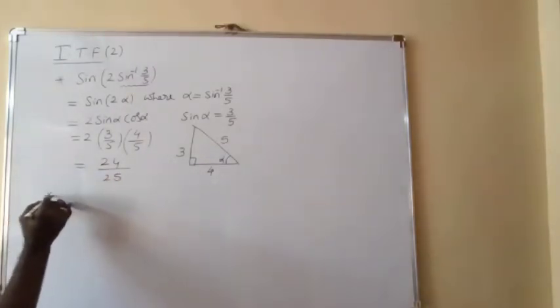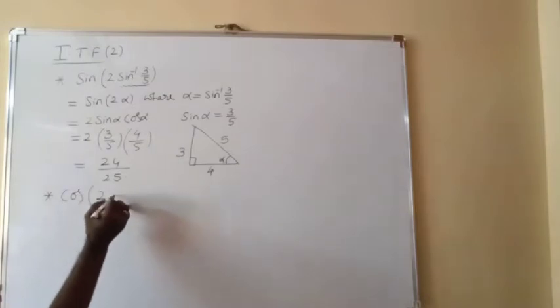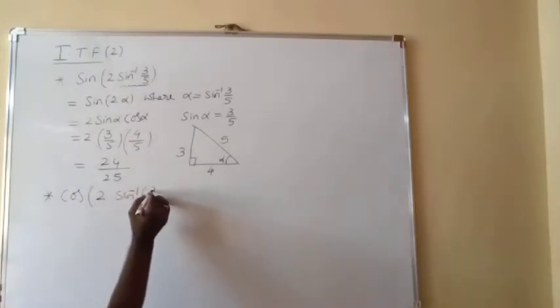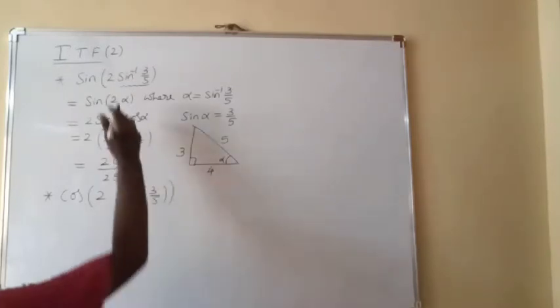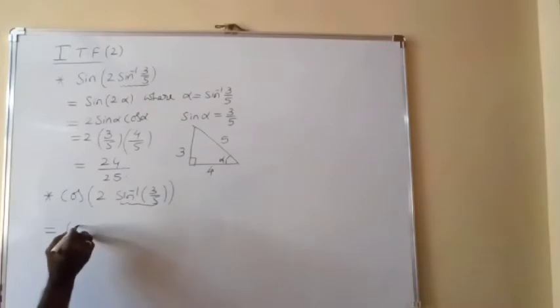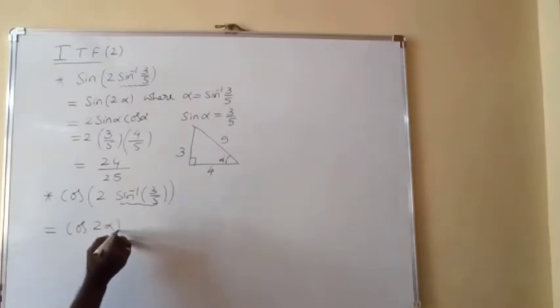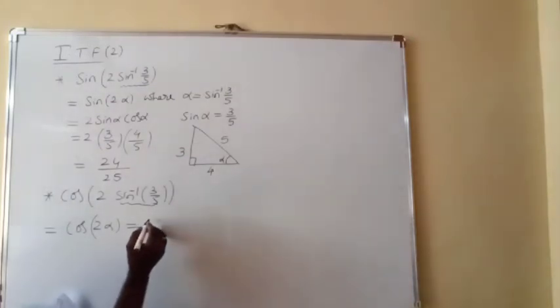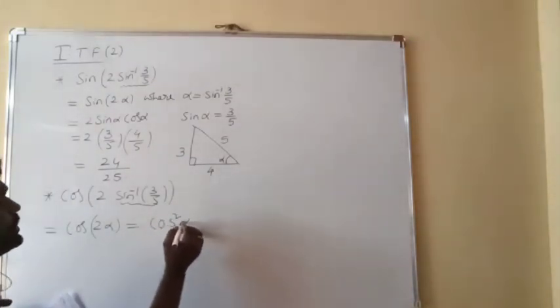Suppose for the same problem they ask cos of 2 sine inverse of 3 by 5. That means I am taking the same angle. If you take this angle as alpha, what you have to find is cos 2 alpha. Cos 2 alpha has 4 different formulas. You can use any one of the formulas. I am using the basic formula cos square alpha minus sin square alpha.